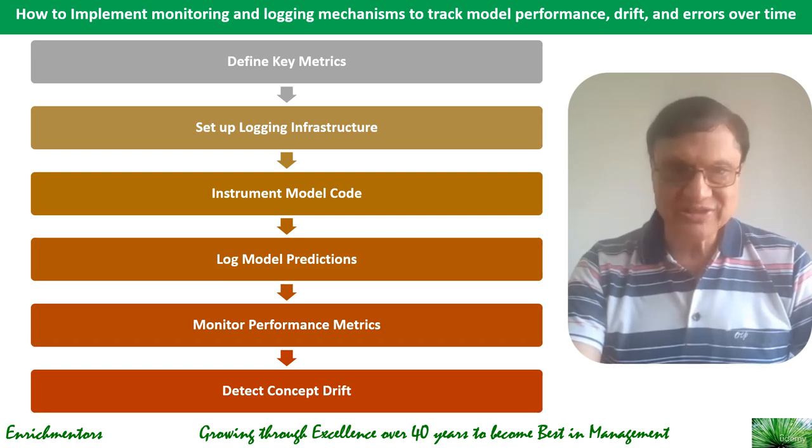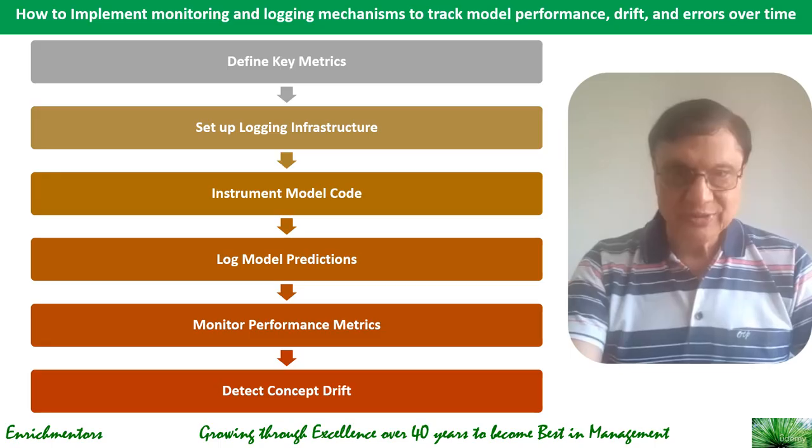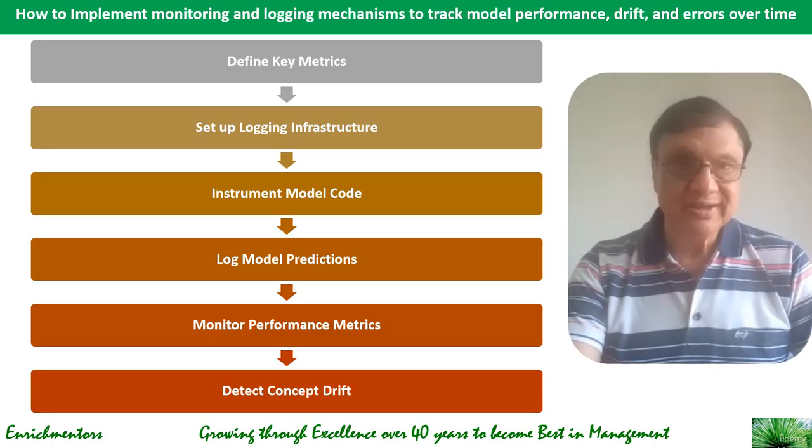You implement mechanisms for detecting such drifts, a change in underlying data distribution that may impact the model's performance. And you monitor the distribution of input data and compare it to the historical data to detect these shifts or drifts, and use statistical test divergence measures or machine learning models to detect and quantify the concept drift, right?